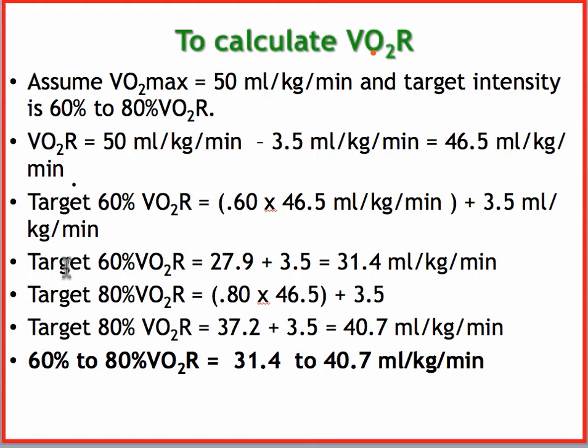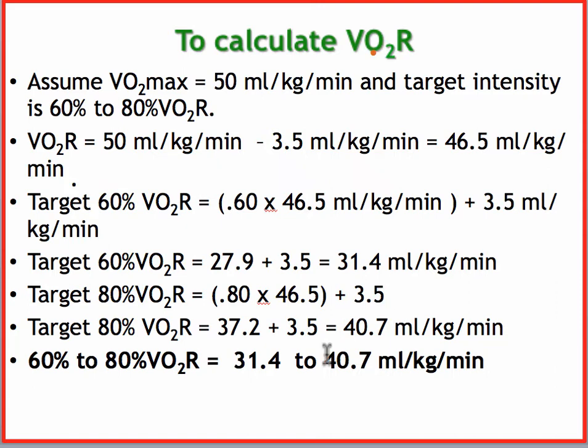You want them to exercise in a range, because some days they'll feel good, some days they won't feel so good. When they're feeling good, they can exercise at a higher intensity, or if they're on a rest day, they can exercise at a lower intensity. So you prescribe a range, and for 80% of their VO2 reserve, you take their VO2 reserve times 0.8 and add the resting, and that gives you the VO2 for their target 80% of their VO2 reserve.